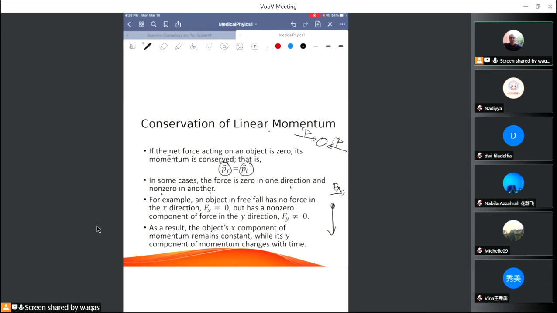As a result, the x component of the object's momentum remains constant. So if I want to find the x component of momentum, it is constant. But the y component of the momentum changes with time, because this object is falling down. So the y component is always changing, but the x component is not changing.